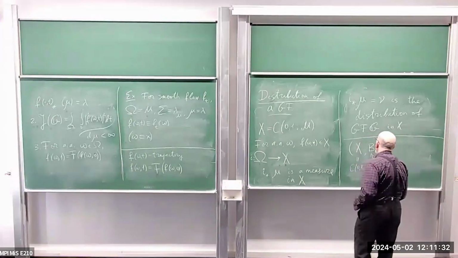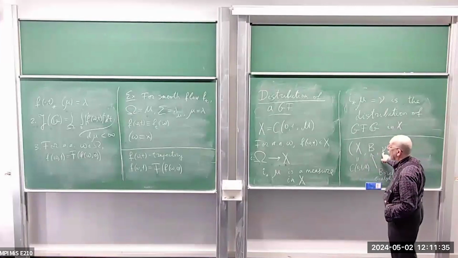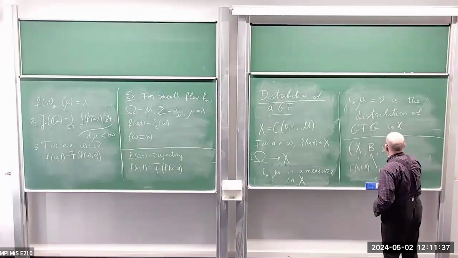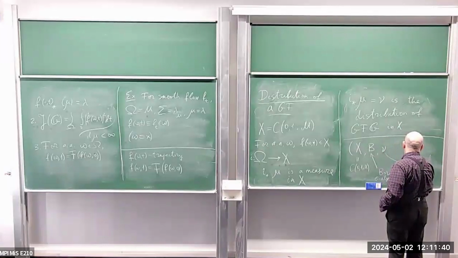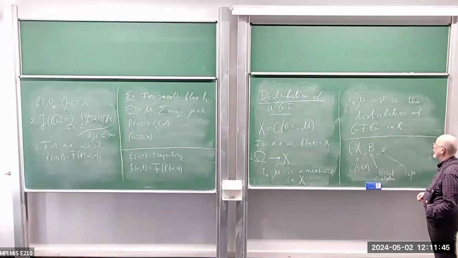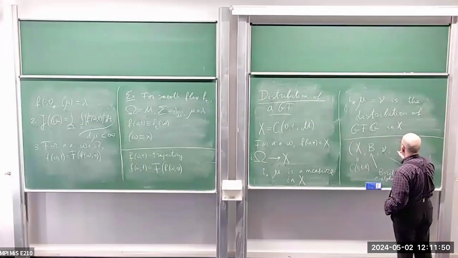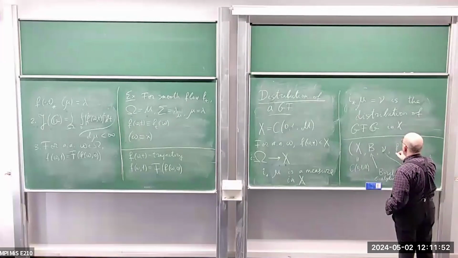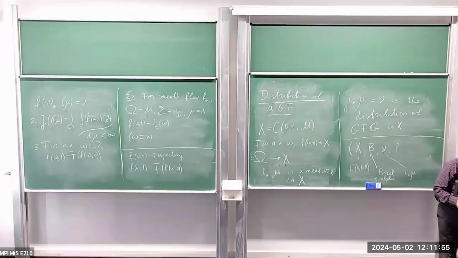Mu is the measure, the distribution, and F. Okay, let it be F. It is funny that here the argument, instead of omega, is the trajectory itself.